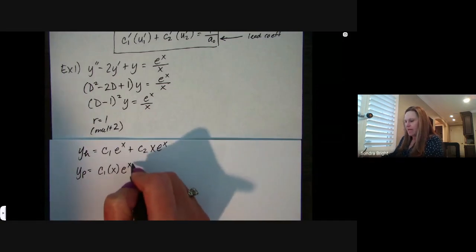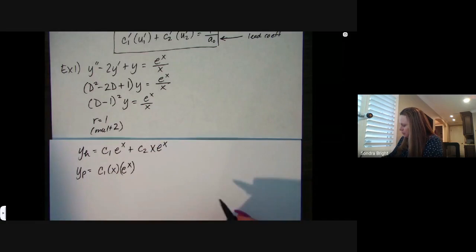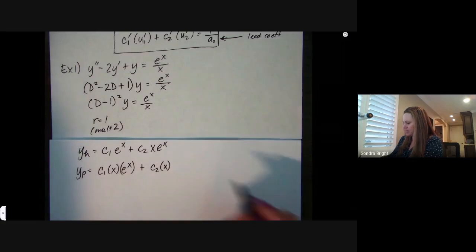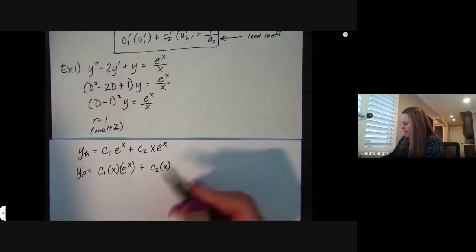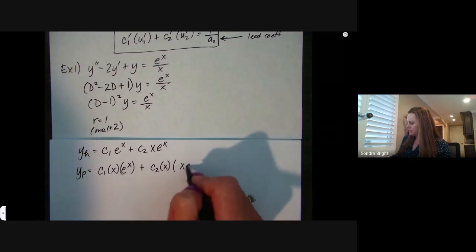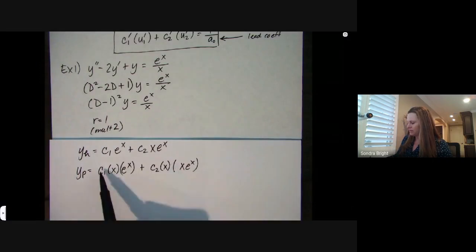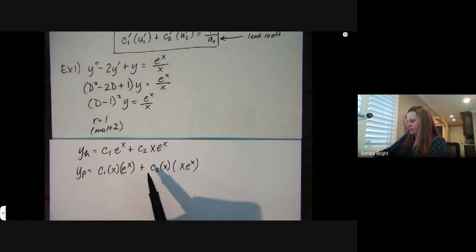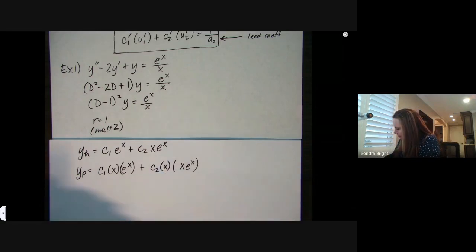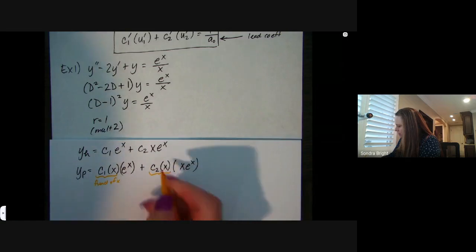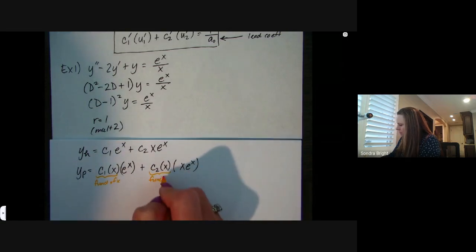And then plus c2 of x, some function of x, times x times e to the x. So this is some function of x, and this is some other function of x. It's not a constant times x, so be careful on that.